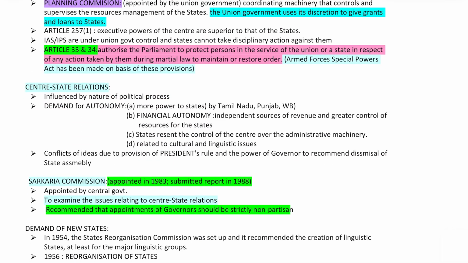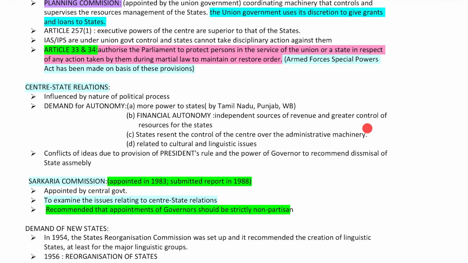Then we have the central-state relations. These are influenced by the nature of political process. A demand for autonomy, more power to states by Tamil Nadu, Punjab, West Bengal. Then the financial autonomy, the independent source of revenue and greater control of resources for the states. These are the demands for autonomy by the states.